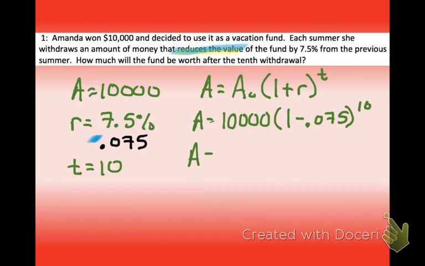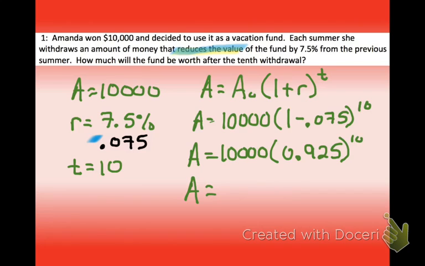From that, it's just a little calculating, so that's 10,000 times 0.925 to the 10th power. And if you put that into your calculator, you actually end up with $4,585.82. So that's the first type of problem, just having a straight compound problem, which uses exponents.